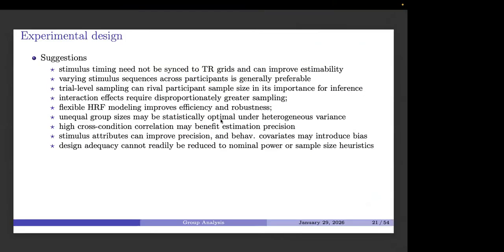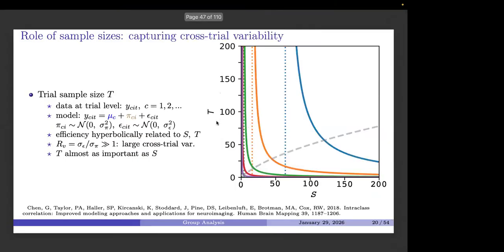When we design an experiment, it's difficult to see. Overall, the number of participants is slightly more important. The curve is slightly asymmetric. You can also see the gray dashed line that shows the most efficient one, so it's also tilted toward the number of participants.